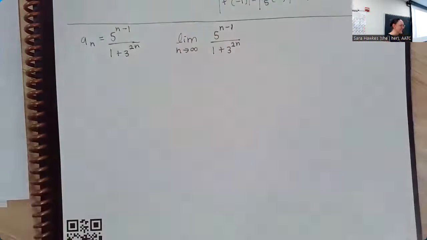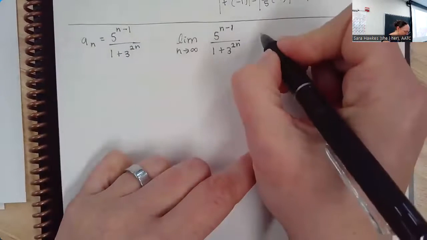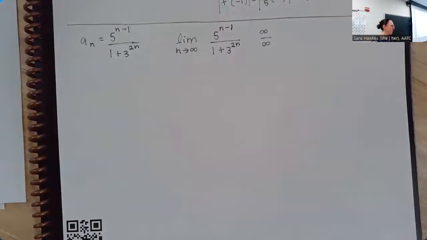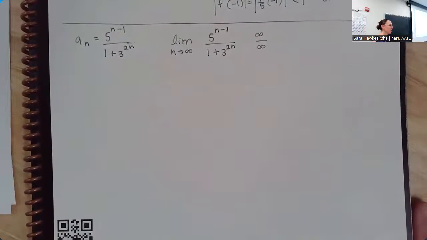I have made this messy. But if we plug in infinity, we have infinity over infinity, which at this moment might lead you to think using L'Hopital's. It won't help. Don't go there.